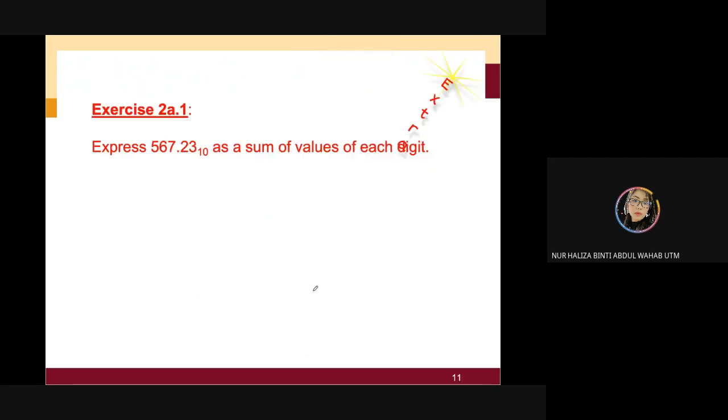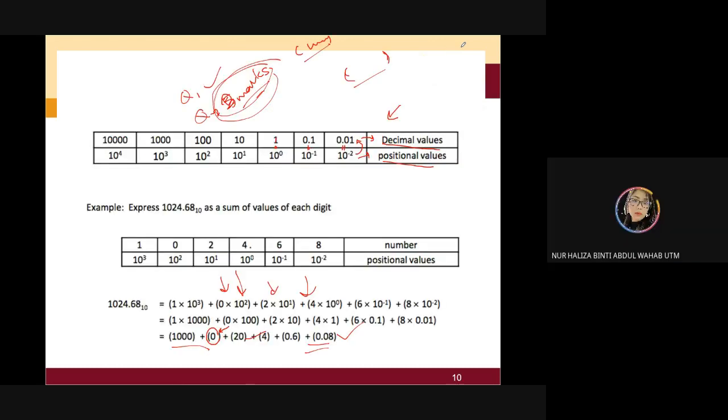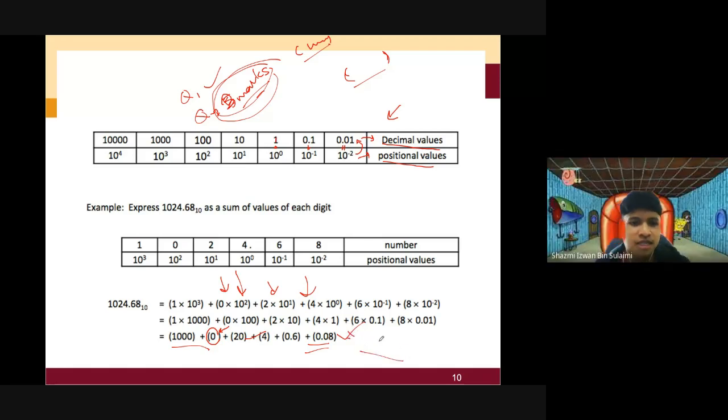Doctor, that means every time in a test, when the question is asking to express, we just express without putting the final answer, right? You need to put the final answer. The final answer is the same.